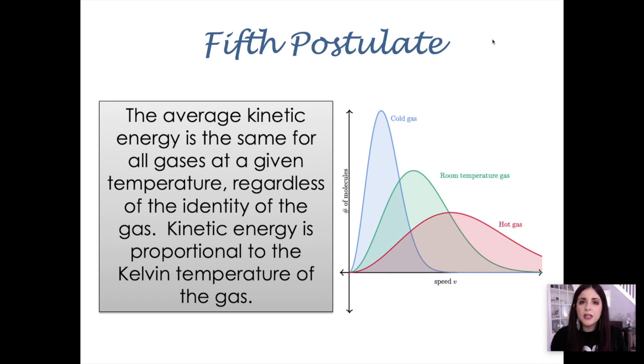The area under the curve is the same for each of them. This is getting into calculus stuff, which we're not going to get into, but you can relate it to that since a lot of you are in AP calculus. So the speed that the particles move is different, but the average kinetic energy is the same because kinetic energy is the area under the curve. Again, we're going to talk more about this in class at another time.